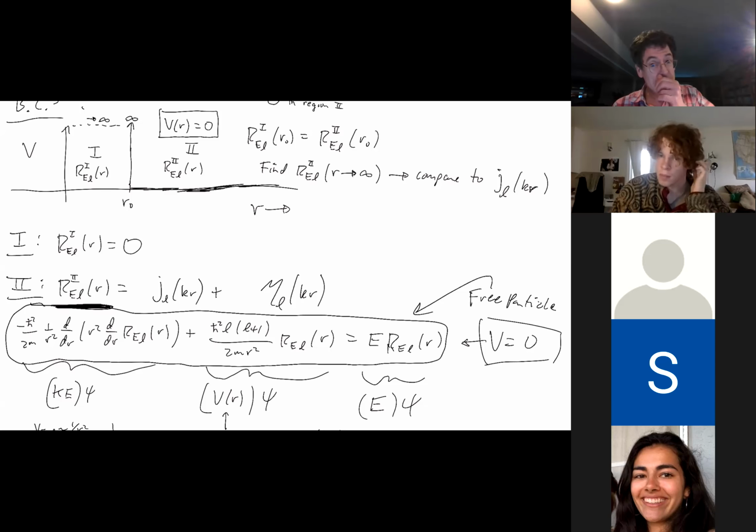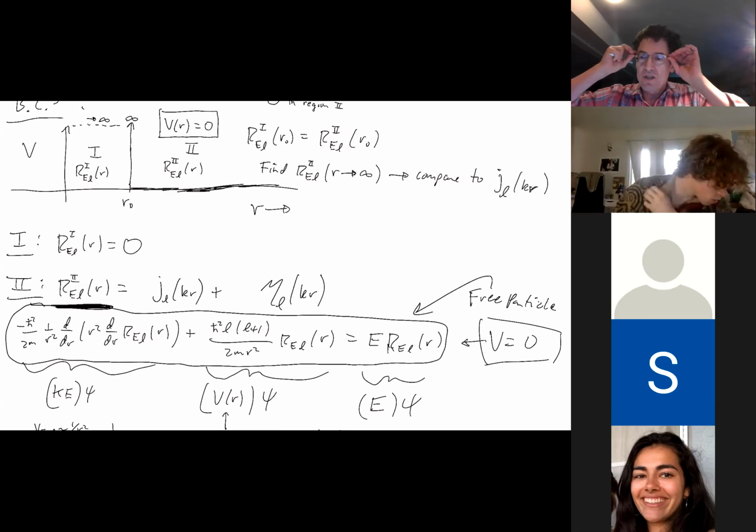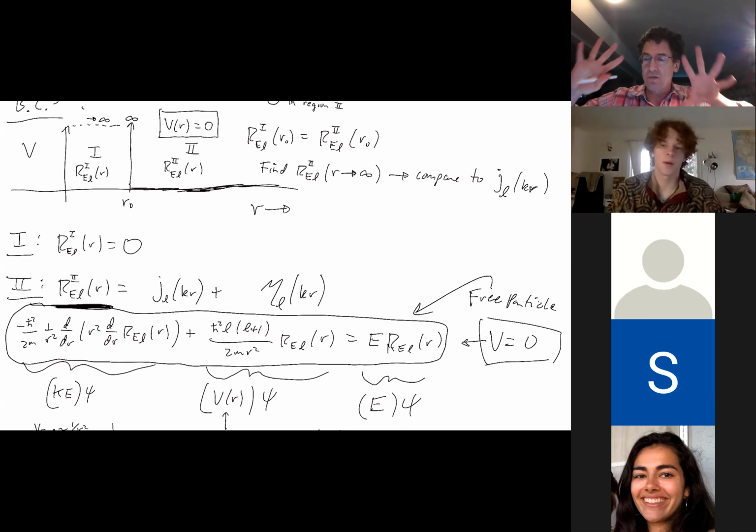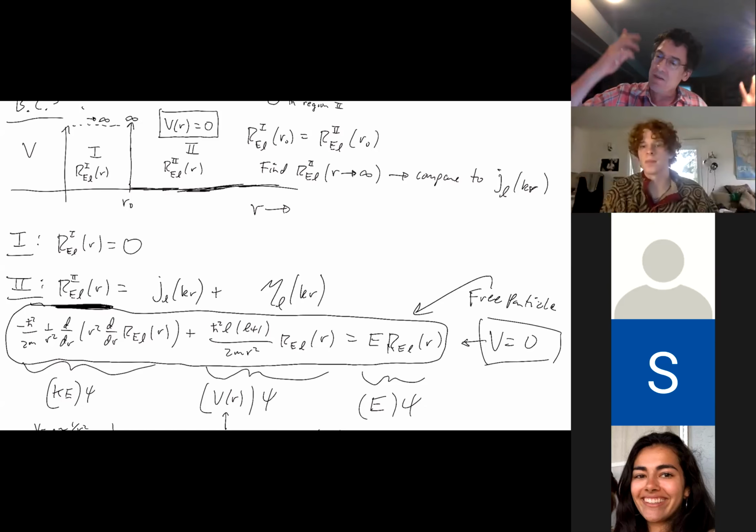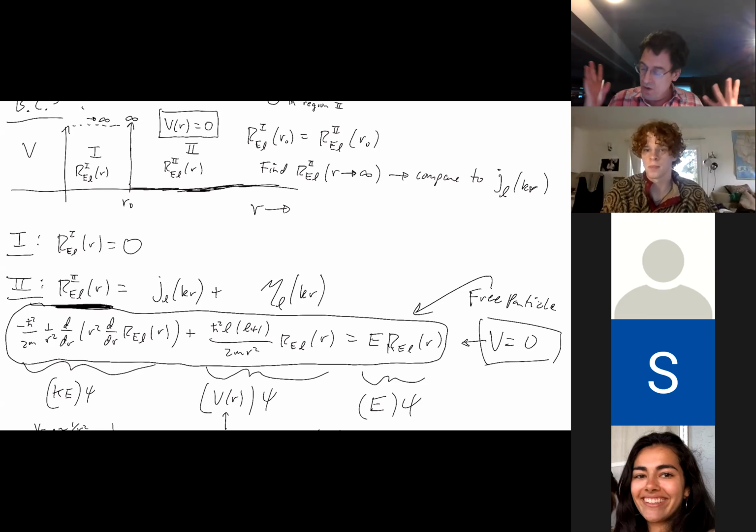That's exactly right. You nailed it. Because what we always do when we're solving differential equations in different regions is write the solution in the most general terms and then match the boundary conditions. The reason we ignored it before is that to match the boundary conditions at the origin, we had to get rid of it.